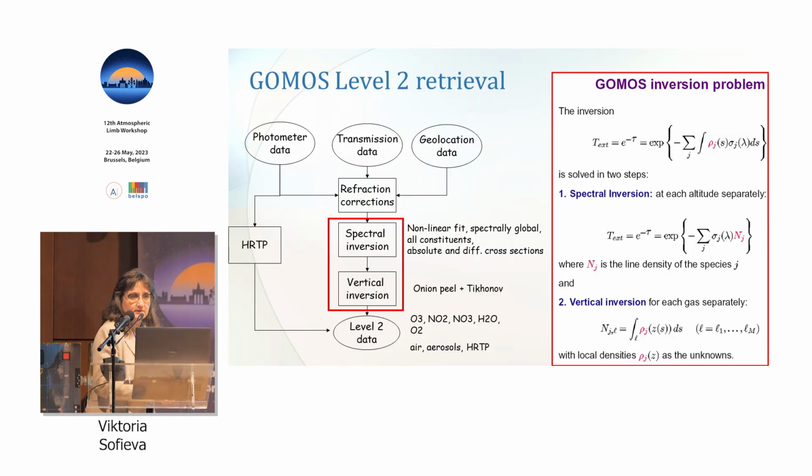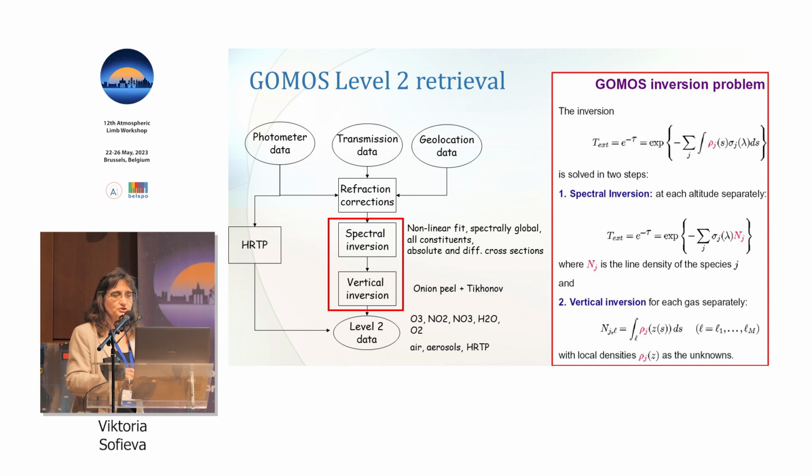The main principle of GOMOS retrievals is that profiles of ozone and other trace gases are retrieved for each occultation. First, the data processing starts with correction of refractive effects, refractive attenuation and scintillations. Then we go to inversion, which is split into two steps.